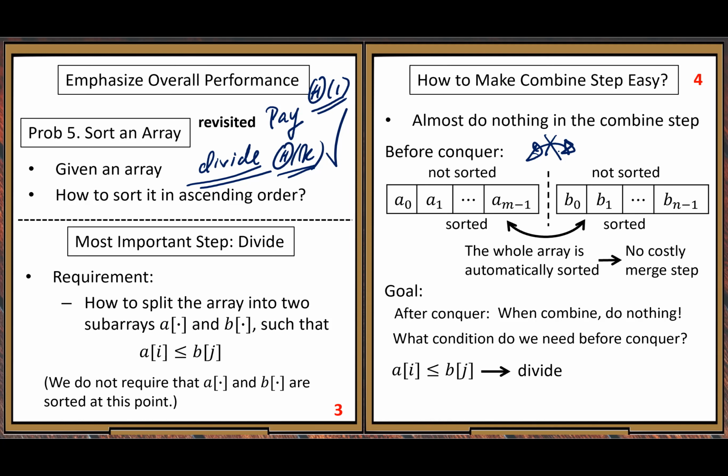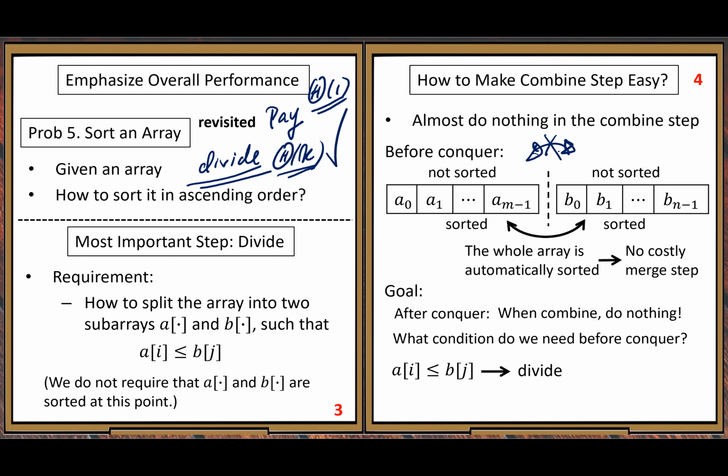When we do the divide step, we do not need that. Even if the A subarray is ordered, the B subarray usually is not, because we leave that part to the conquer step, to the recursion step.